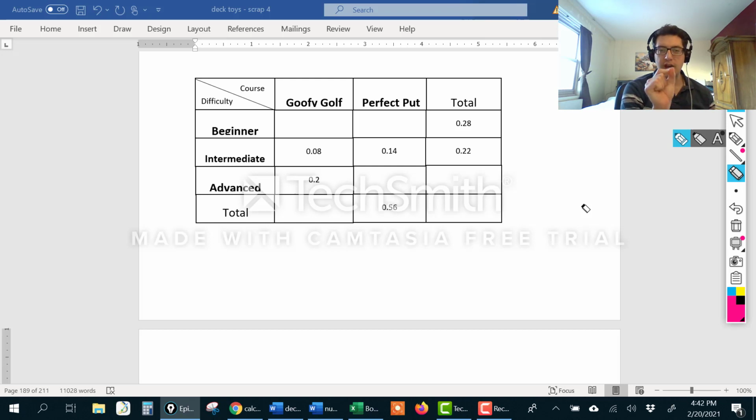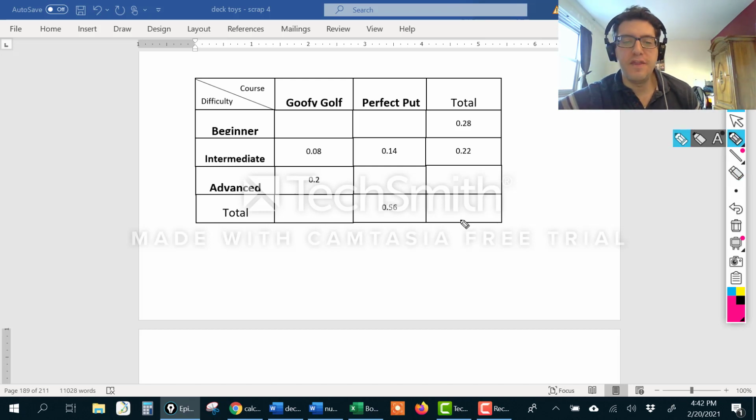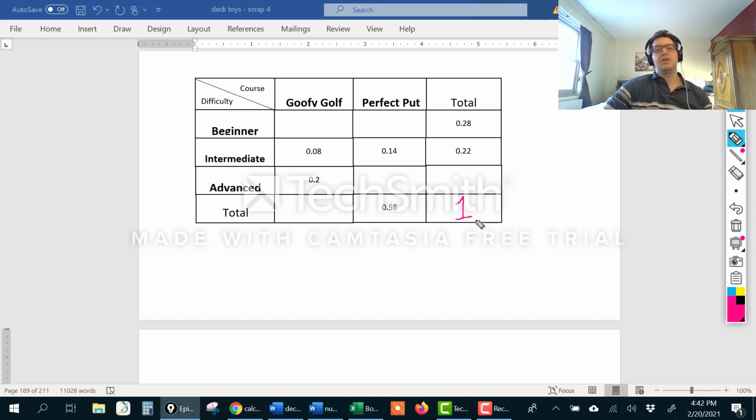And the trick that you have to remember is that this bottom right corner here, which gives us the grand total, in a relative frequency table, is always 1. Because the grand total is always 100% of whatever it is we're talking about. I mentioned that earlier in the video. So the grand total in a relative frequency table should always be 100%, or in decimal form, 1.